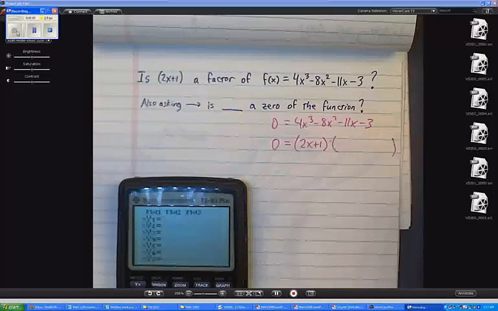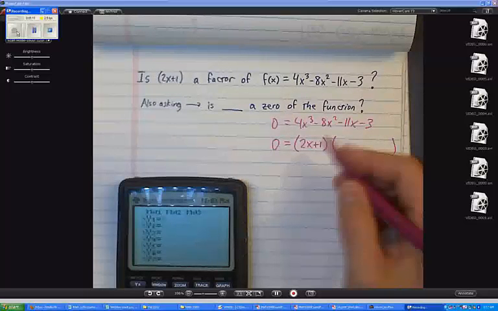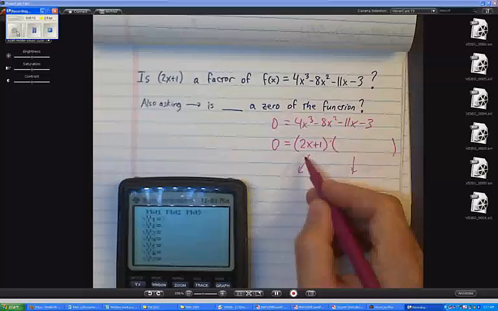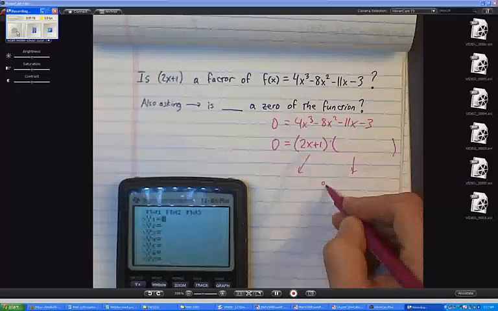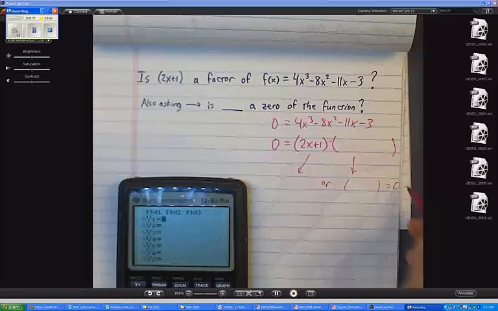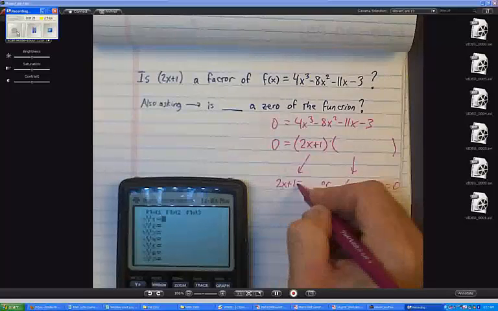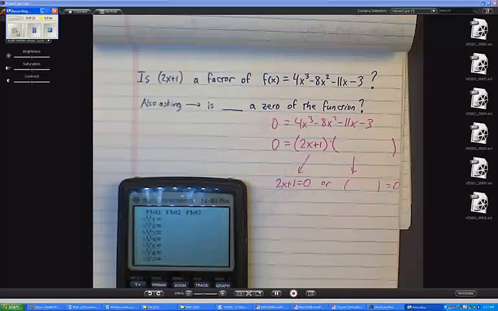And therefore, I can say that either this factor is 0 or this factor is 0, right? So I get the equation 2x plus 1 equals 0. Make sense? So that's the same as x being what? I guess I have 2 more steps to figure it out.